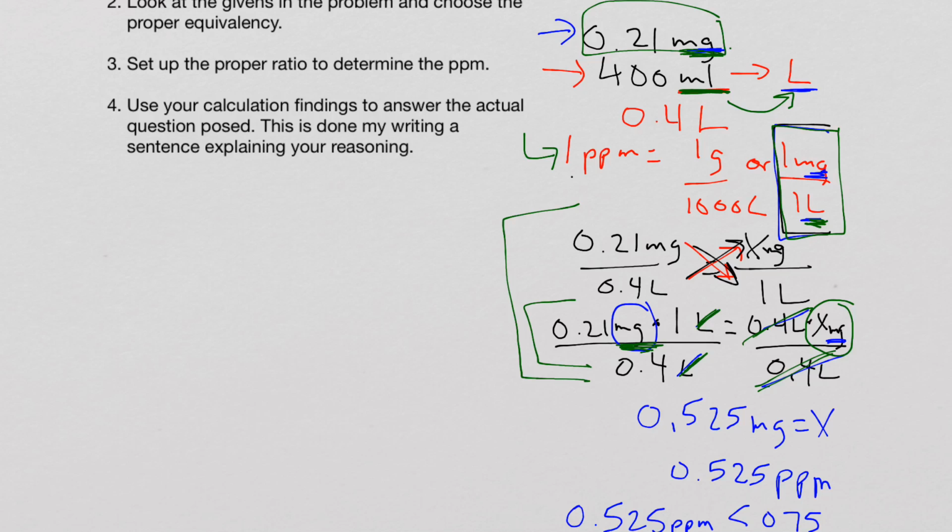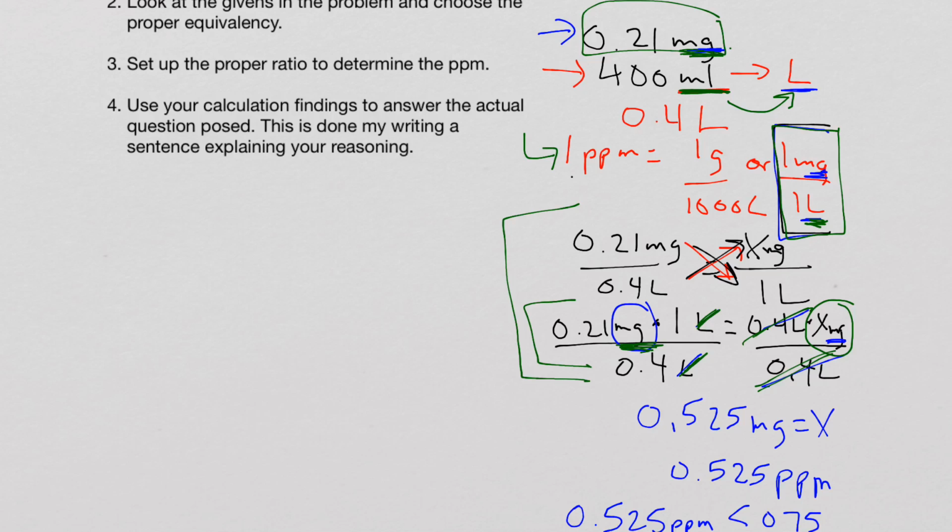The last thing we have to do when we're actually doing a ppm problem is to answer the original question. All right, because setting up the math is only worth about 75% of the total point value. In this case, the question was, will the 0.21 milligrams in 400 milliliters be enough to kill the mealybugs?